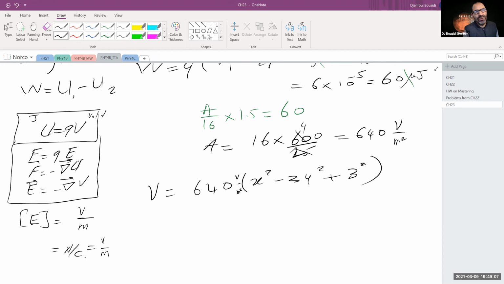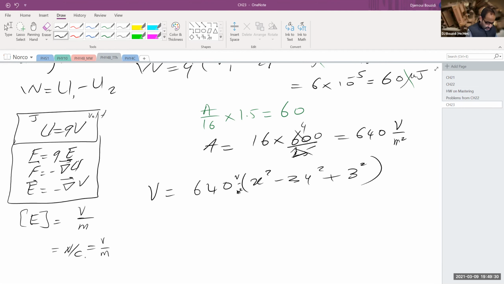Is everybody okay with this? Because this is item 2 of the discussion. Good? Please remember that, because sometimes it's confusing. You see the units, it doesn't make sense, but that's why it's volt per meter.